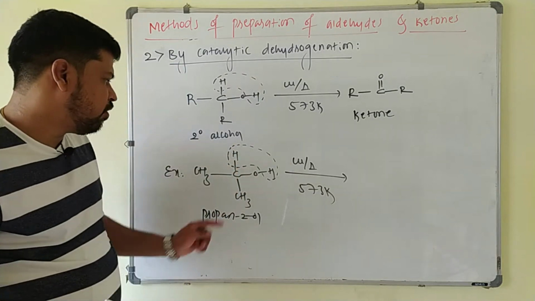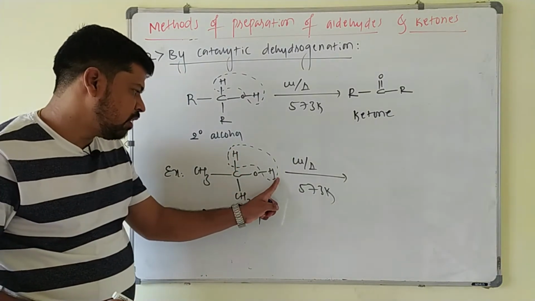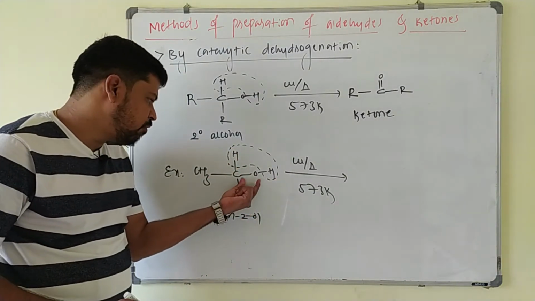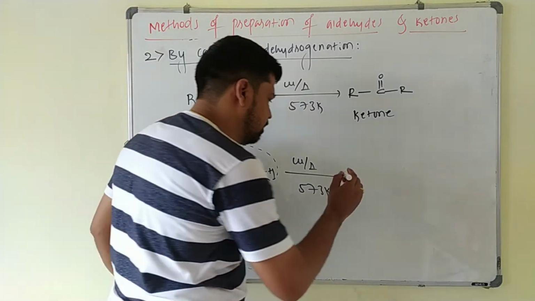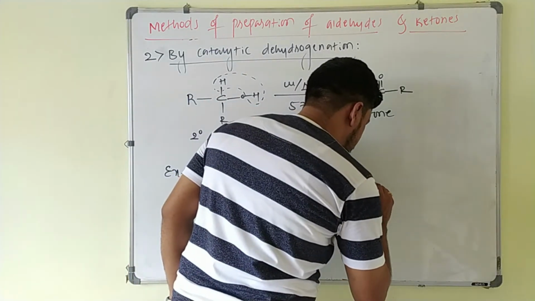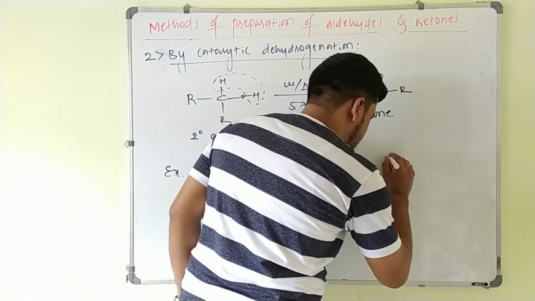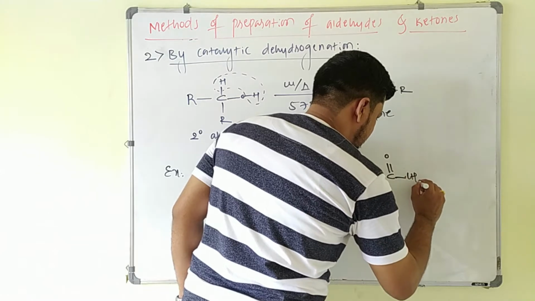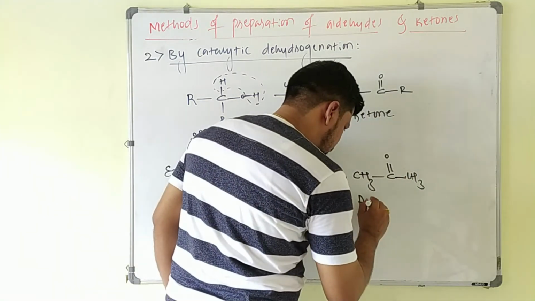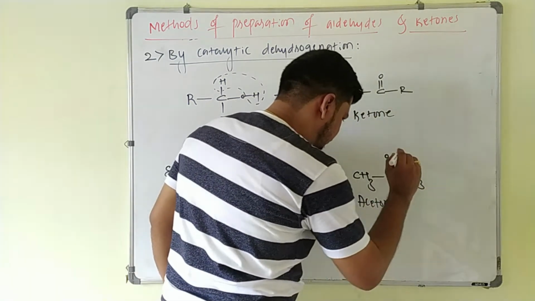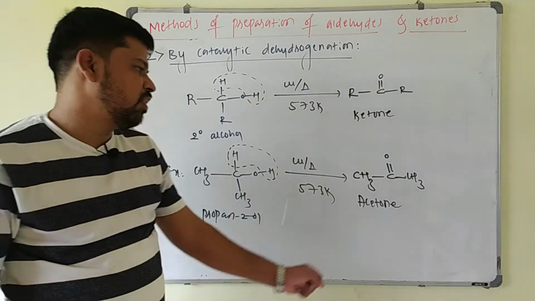You are removing a hydrogen atom connected to the carbon and a hydrogen atom connected to the oxygen, and then you are forming a double bond between carbon and oxygen. So it will be converted into acetone, CH3 C double bond O CH3. This is your acetone. So secondary alcohols are converted into what?